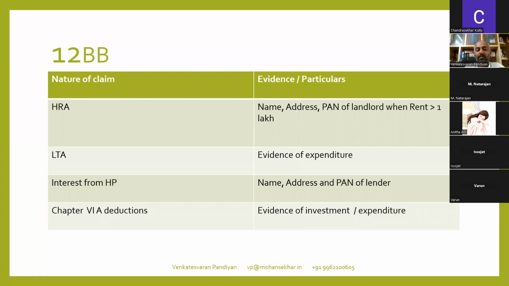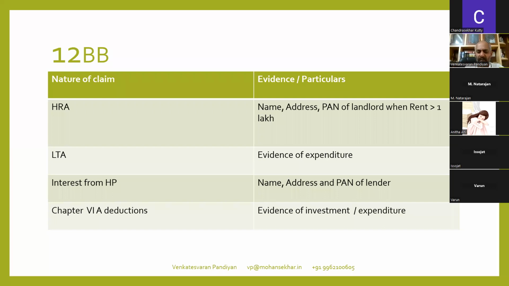Third one is interest from house property. Suppose the employee claims that he has paid interest on his home loan, you will have to collect the name, address, and PAN number of the lender. Obviously, the certificate that is given by the bankers will have it, but it is the responsibility of the employer to collect this. Then Chapter 6A deduction, the employer should take the proof of all the investments made by the employee before allowing the Chapter 6A deduction.